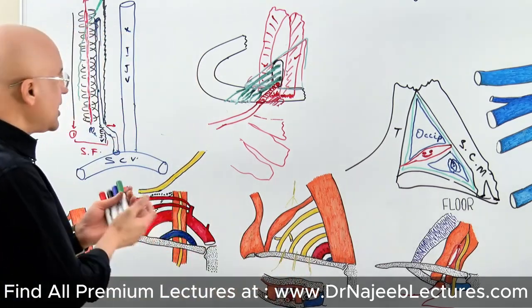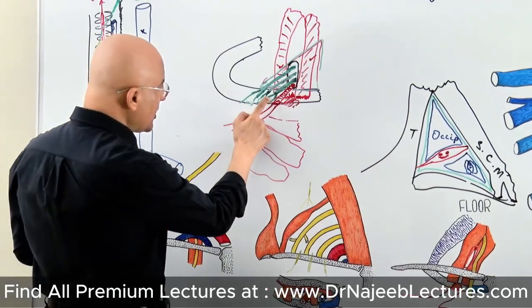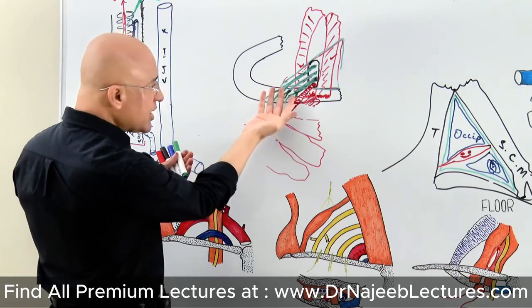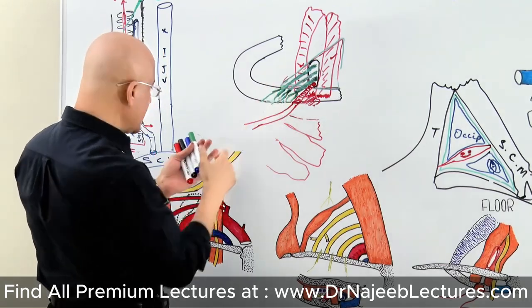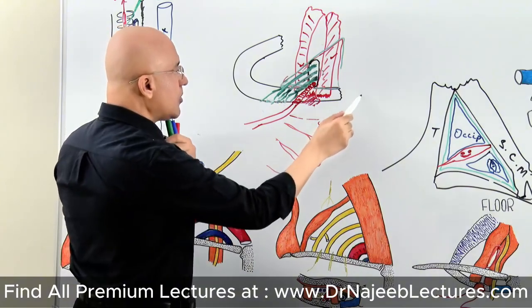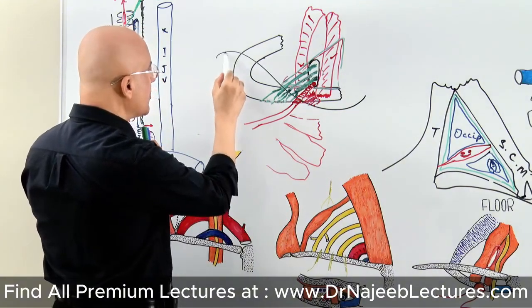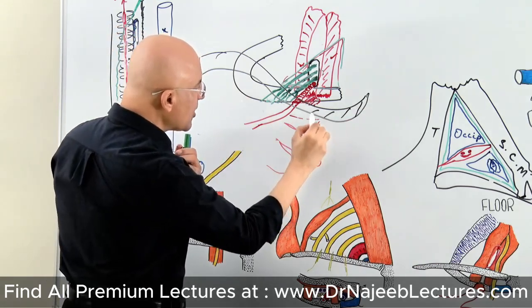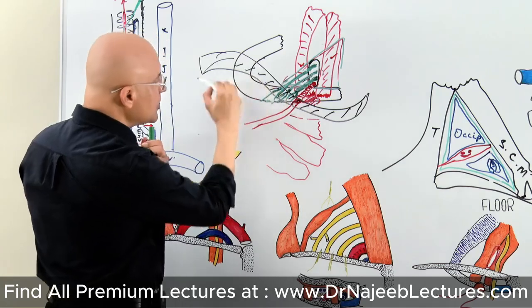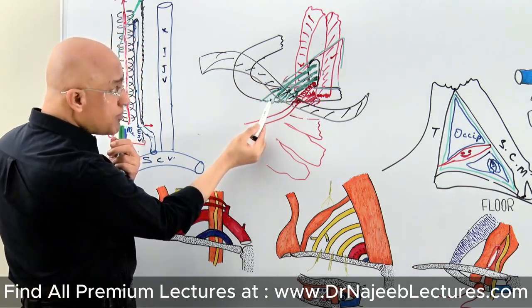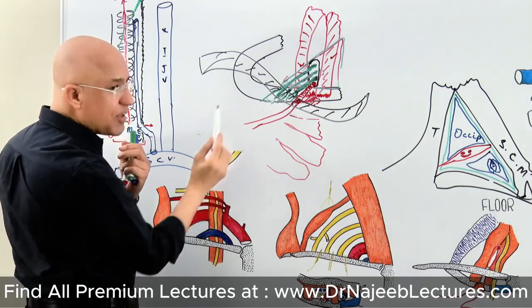Now, this business of hiding is done on the surface of the first rib, but here is your clavicle. So if you see, these divisions are above the first rib but below the clavicle.